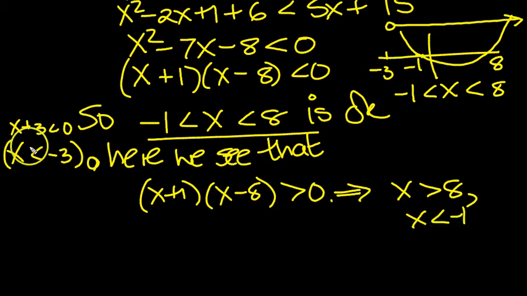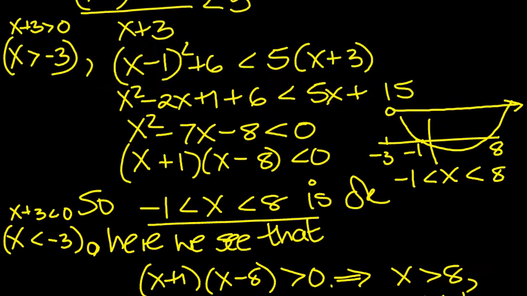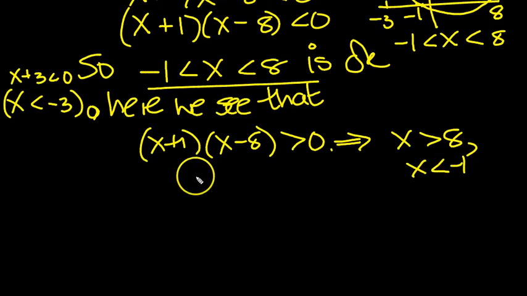We're considering the region x is less than minus 3. So in terms of our picture, we're considering all of this segment, and we found that the solution set in this context, bigger than 8, has no overlap at all, but less than minus 1 encompasses the whole of the region we're considering, doesn't it?